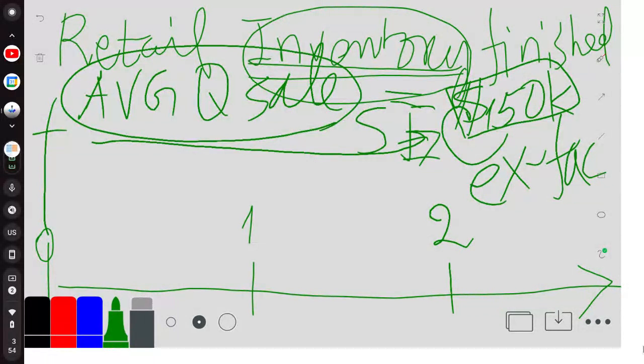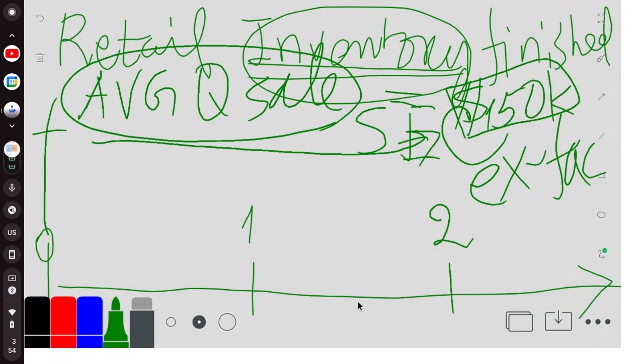Nobody's selling anything at the price they paid for. It's common sense. So if the ex-factory price or their purchase cost is $300, then they will sell it for $500, something like that, right?